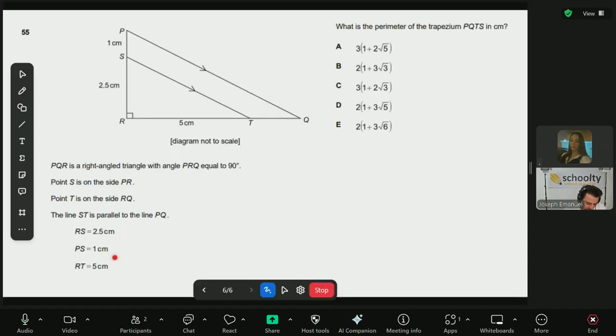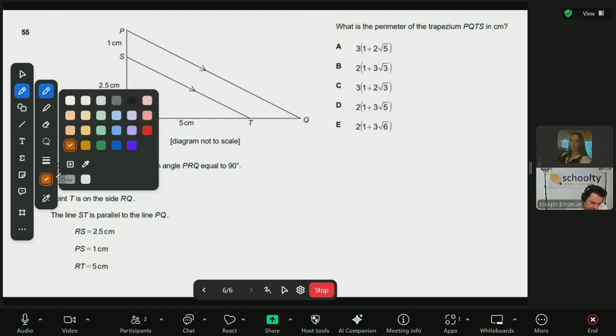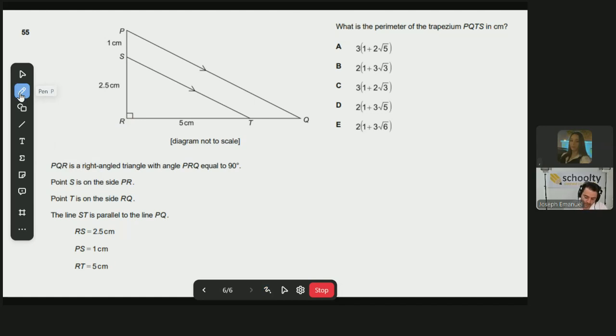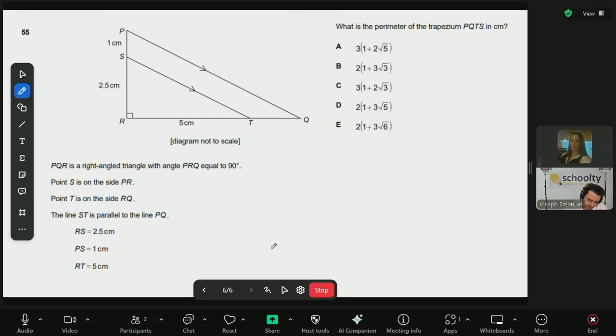Let's see. So you have the centimeters of this. Can you read this? Yeah, what is the perimeter of the trapezium PQTS in centimeters? Okay, we need the trapezium PQTS. Let's see.